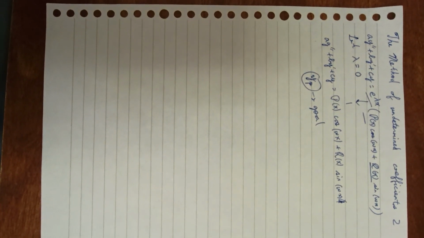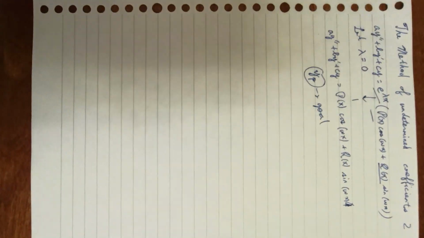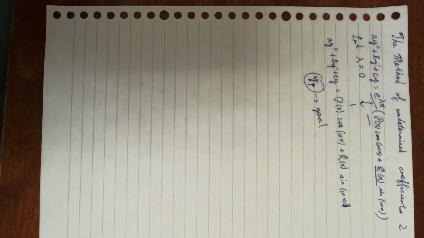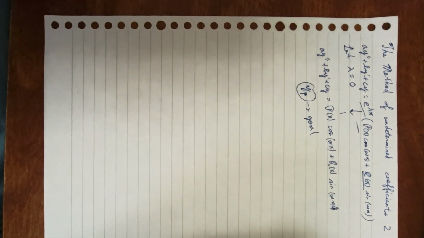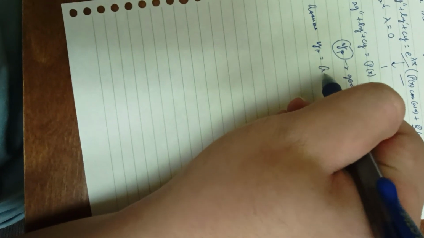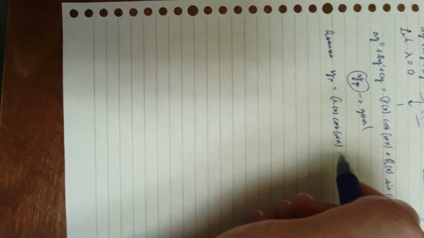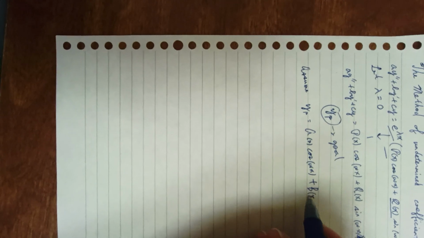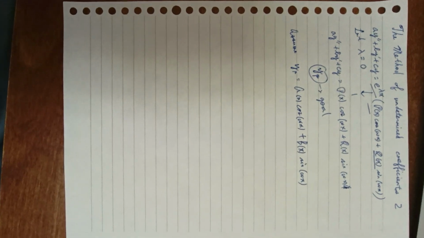In order to find the yp, we assume yp equals Ax cosine omega x plus Bx sine omega x. All right, so we assume that.